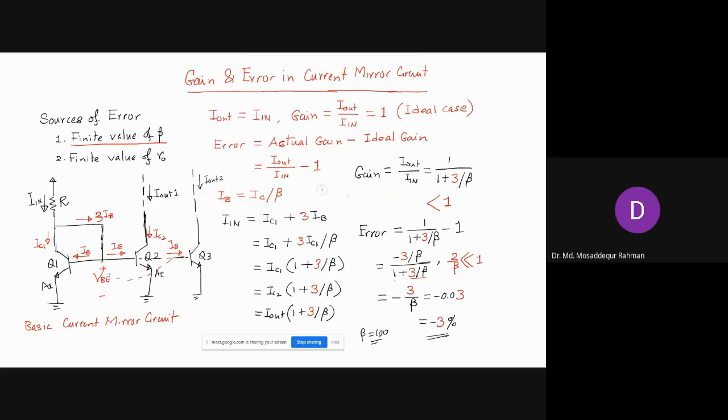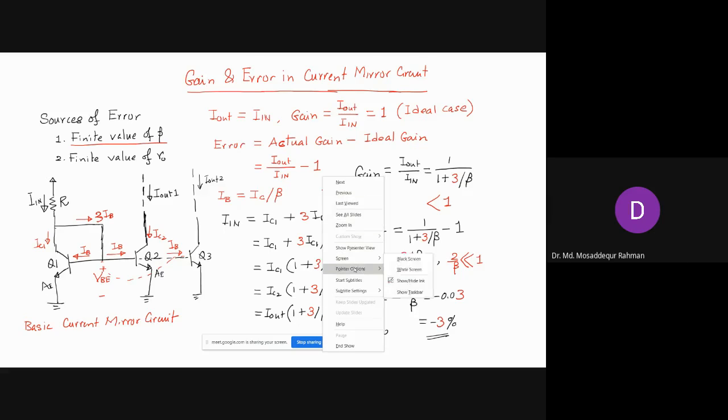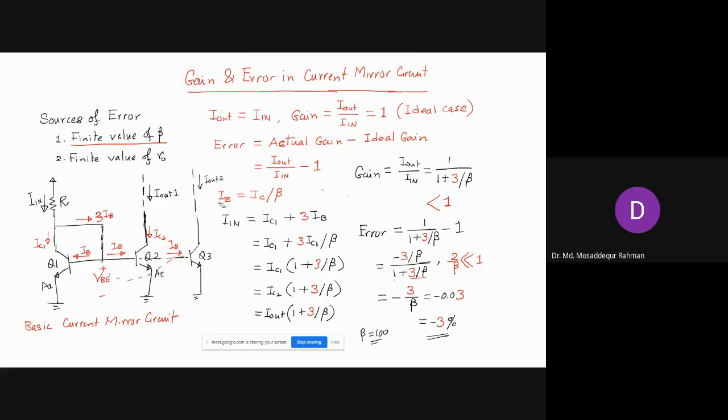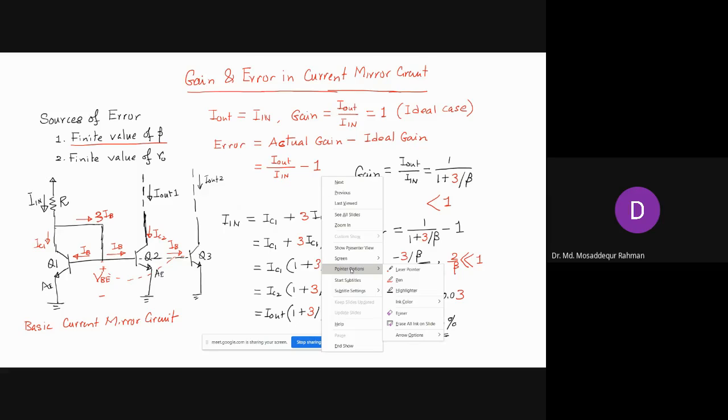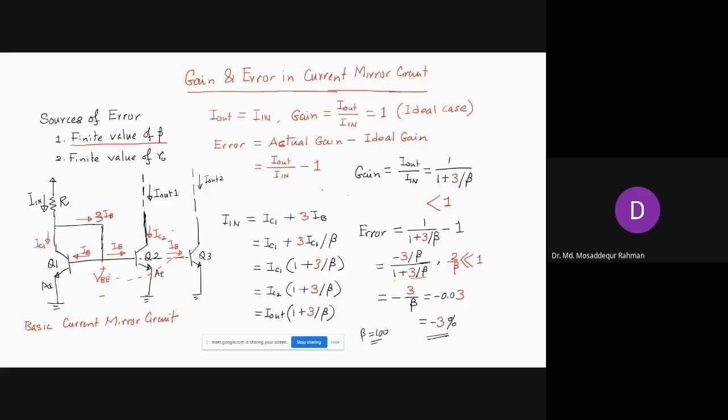So similarly, if you have a larger number of stages, here you have 3 transistors in this current mirror circuit.